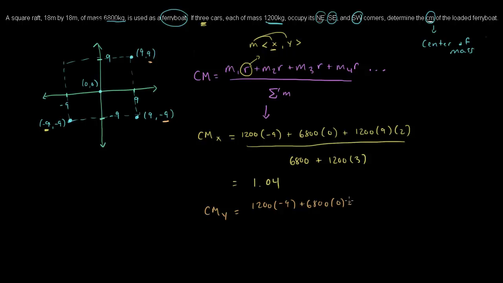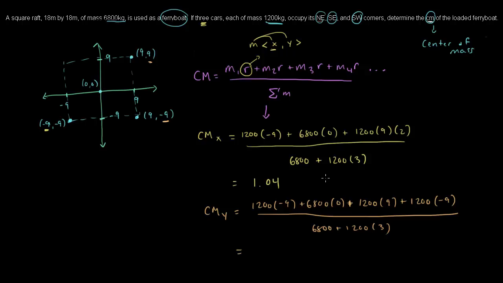So I'm going to do plus 1,200 times 9 plus 1,200 times negative 9, because the y coordinate points are different. And it's again over 6,800 plus 1,200 times 3.